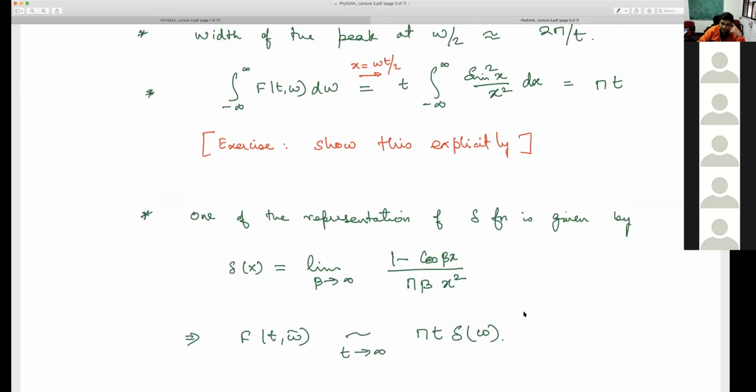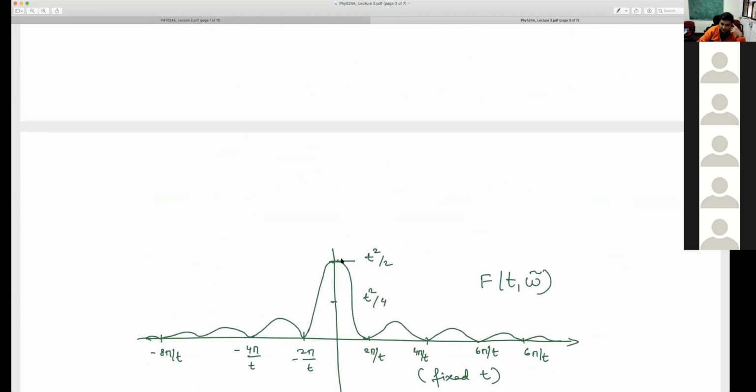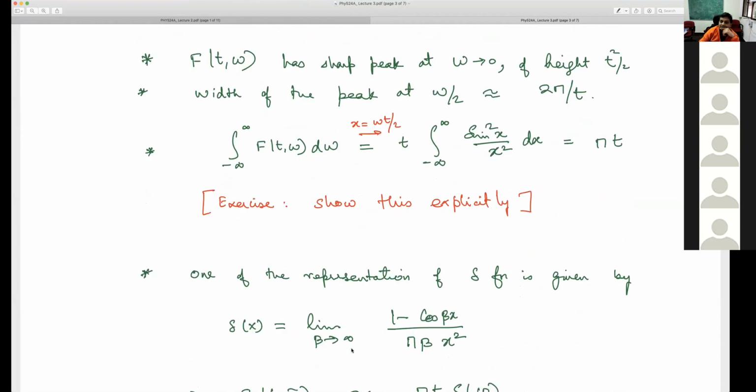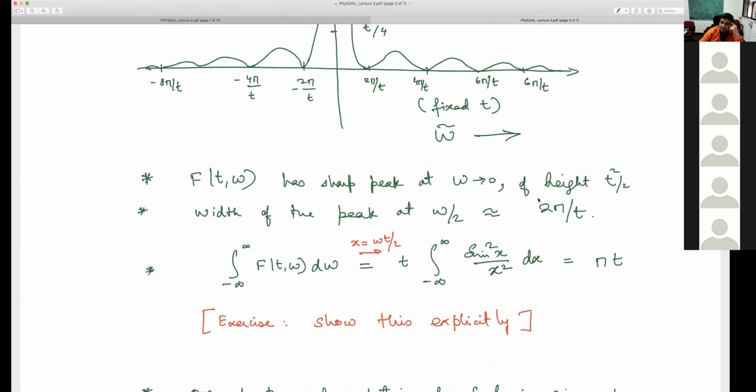And this last point should also seem obvious, in the sense that this looks like a Gaussian, very loosely, and when t goes to infinity, the period will become very small, so it will become a very sharply peaked Gaussian whose height is t square by 2 and whose width is 2 pi by t.